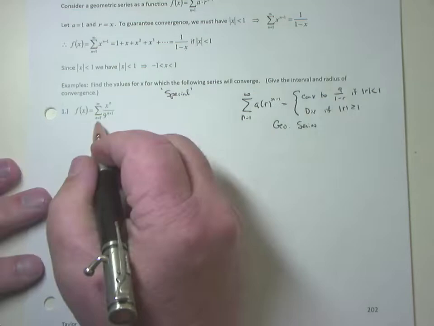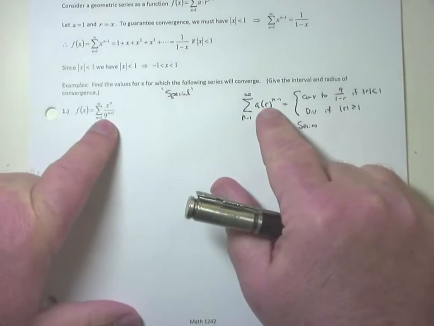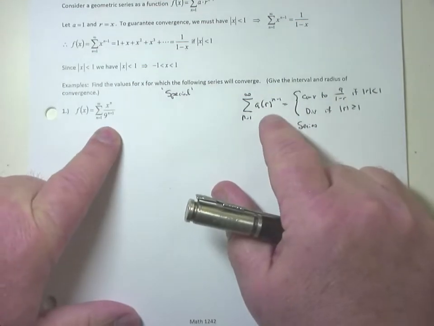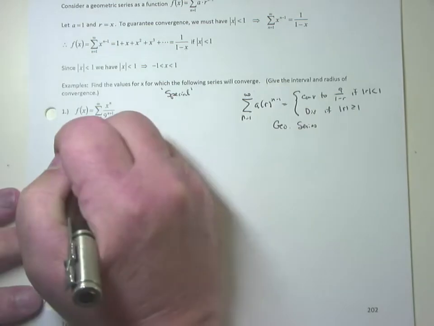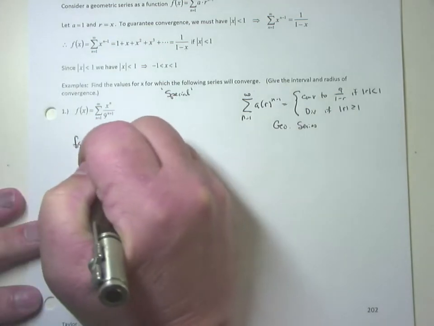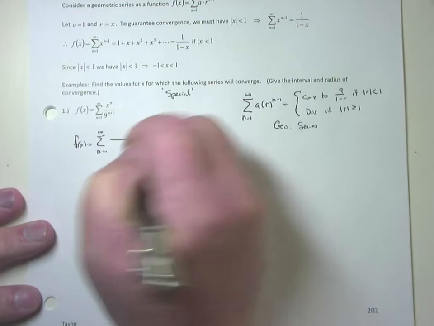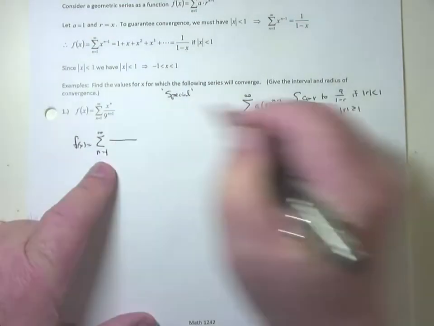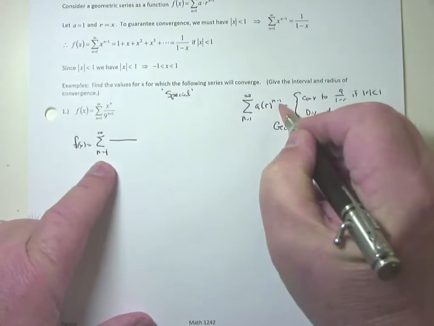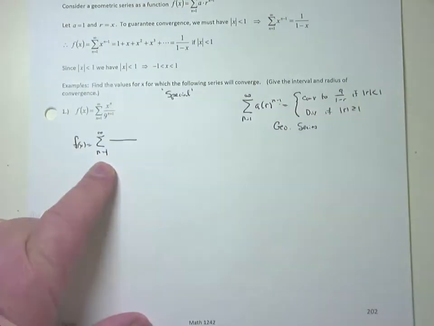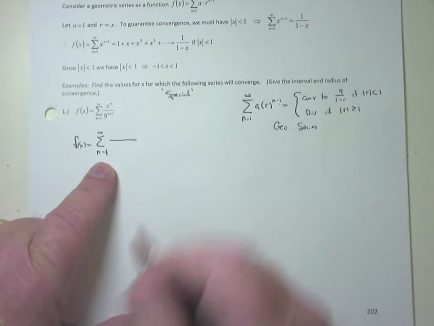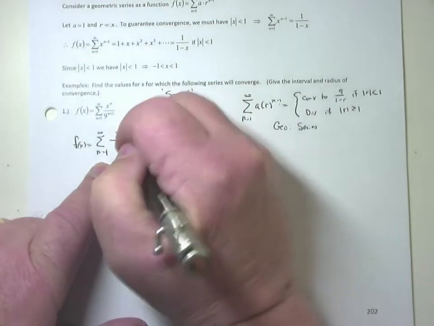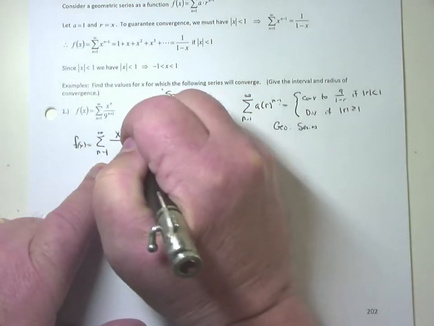So to make this thing converge, I'm going to make this geometric power series look like the famous geometric series. So f of x is equal to the sum as n goes from 1 to infinity of... Now, on your geometric series, when you start with n equals 1, we like to have a power of n minus 1. What power do I have on this x? We have an n power. I've got one too many, so I'm going to pull off one x. That'll be x to the n minus 1.